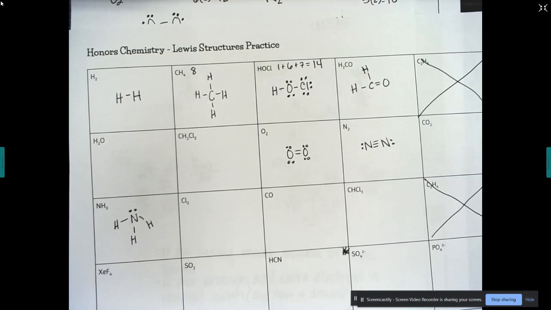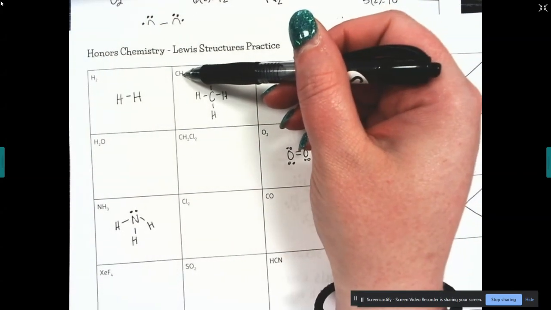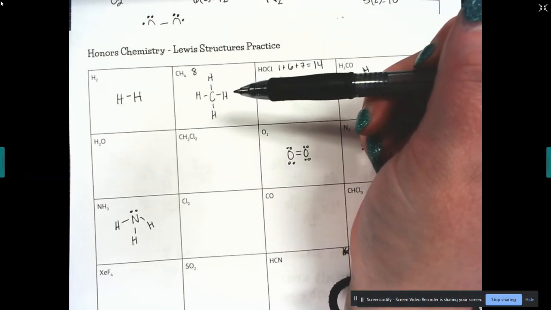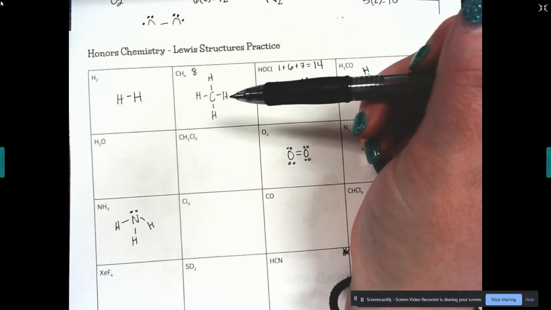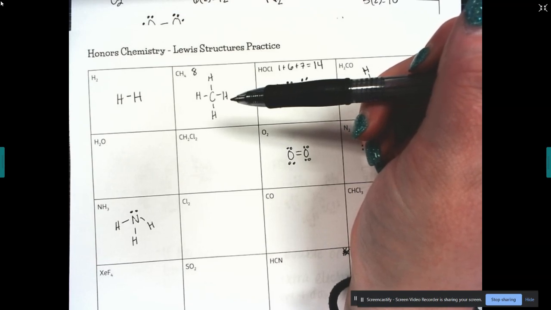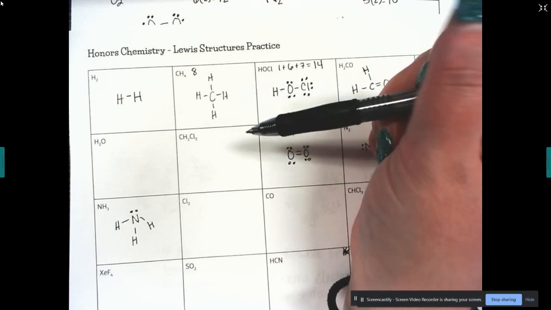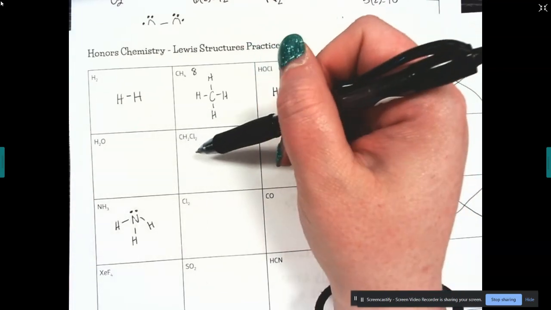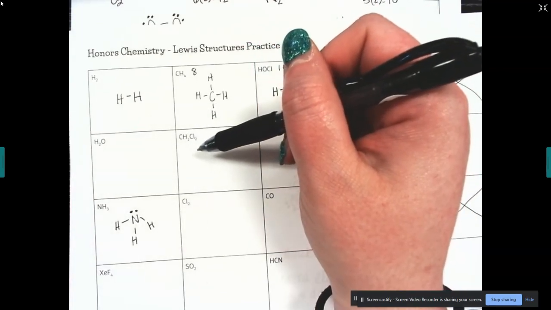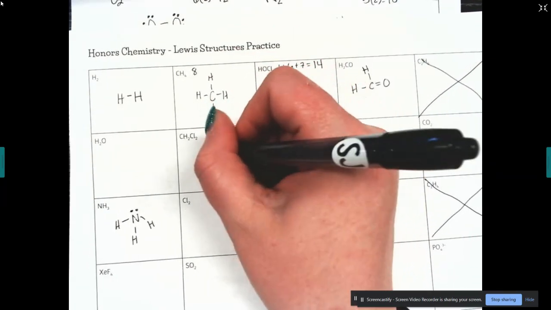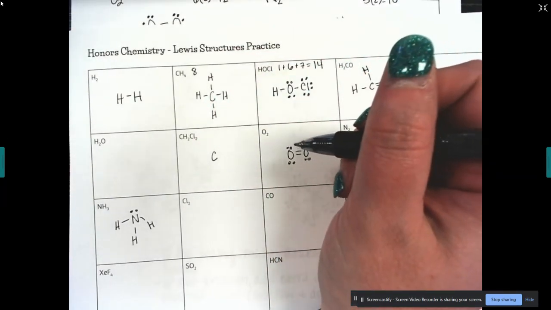The carbon has 4, and then the hydrogen has 1 each, so that's 4 more. No, there's just 1 carbon in the middle, and then you're gonna have two H's and 2 Cl's.